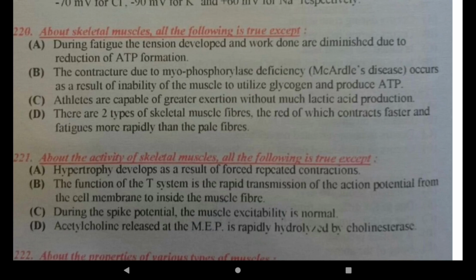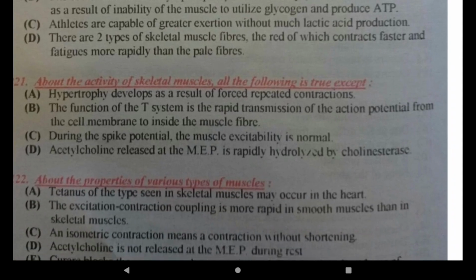The wrong answer is D. The reverse is true: it is the pale fibers that contract faster and fatigue more rapidly than the red ones, because the pale ones are the fast twitch muscles. So the most correct answer there is D.